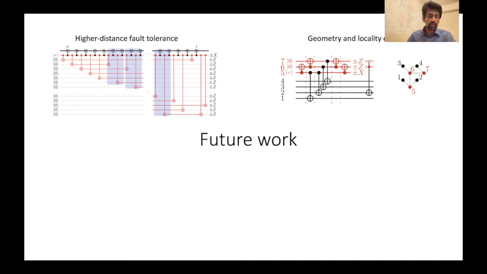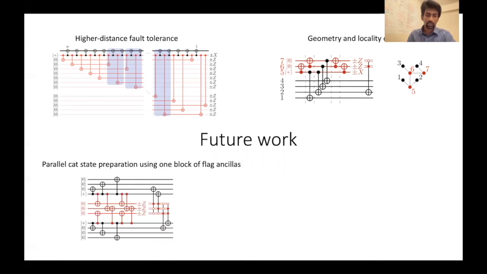Another question we looked at is parallel cat state preparation using one block of flag ancillas. In this circuit, we show how to prepare 2 weight 4 cat states fault tolerantly to distance 3. And by distance 3, I mean that the ancilla block is fault tolerant to distance 3, meaning it tolerates one fault.